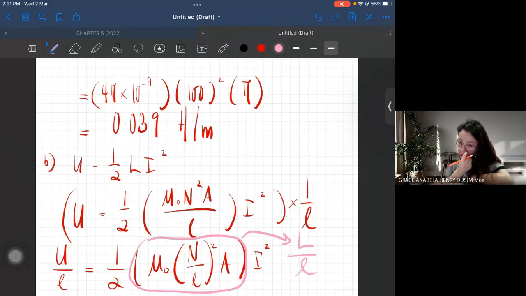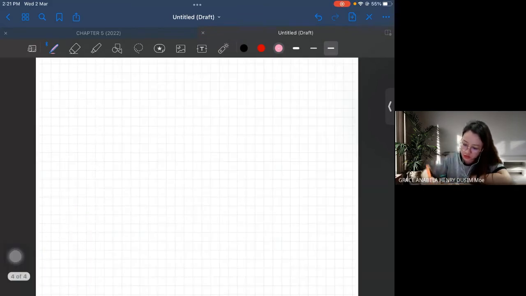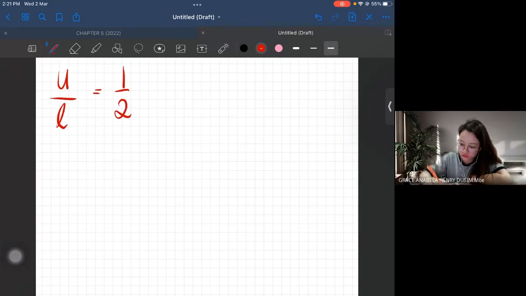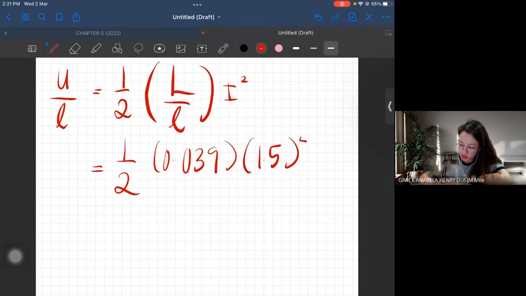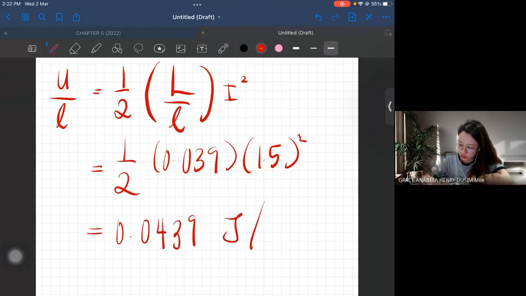So U over L equals half inductance per unit length times I square. You will get half times 0.039 times 1.5 square, which equals 0.0439 joule per meter.